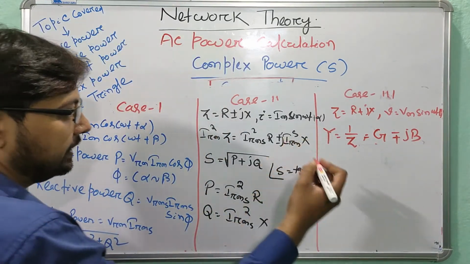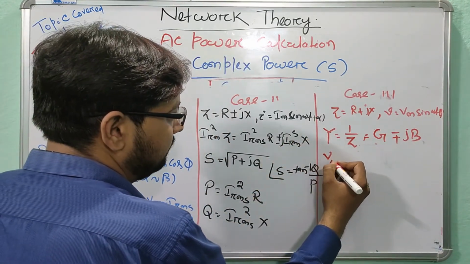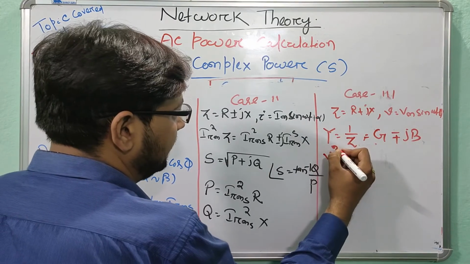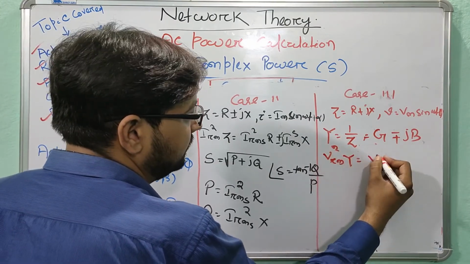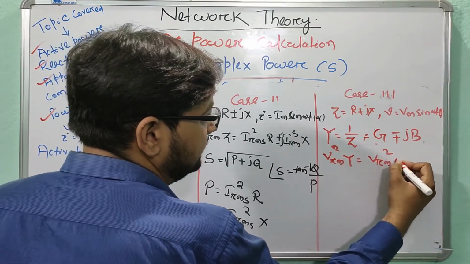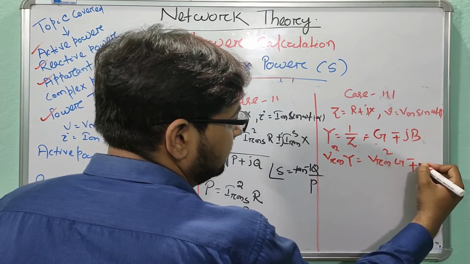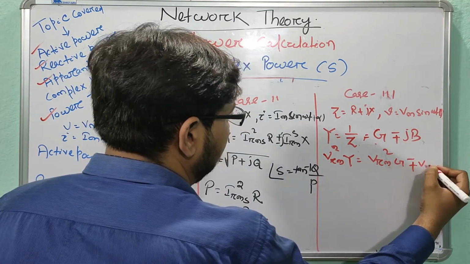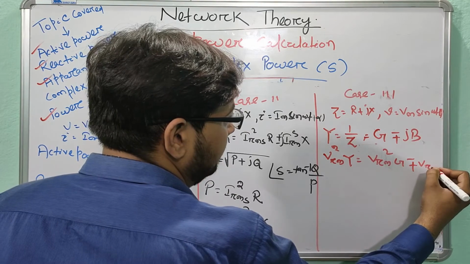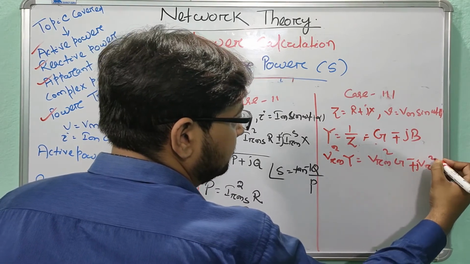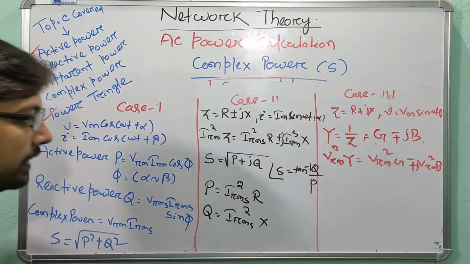So then Vrms square Y is equal to Vrms square G minus or plus j Vrms square B. So then what is my S value?